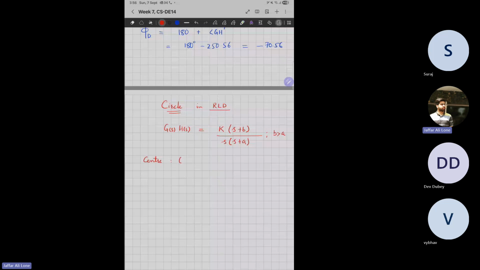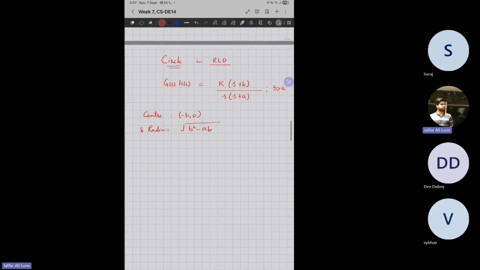I'm just writing the formula, but we will understand it from the root locus as well. Sometimes it's difficult to remember the formula, but I can tell you how to calculate this directly from the root locus. The center is given by (-b, 0), and the radius is the square root of b squared minus ab.